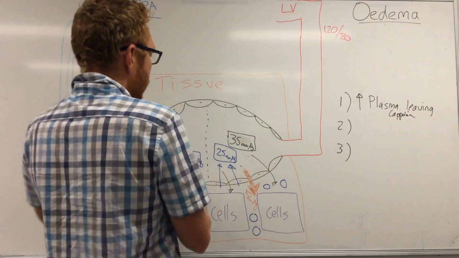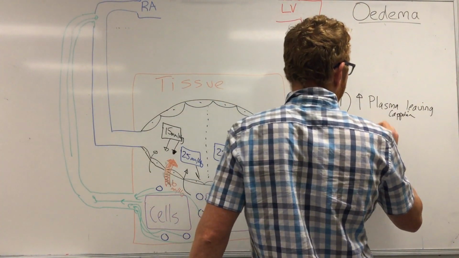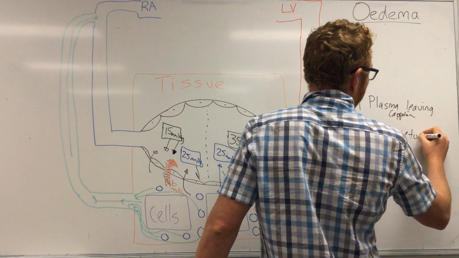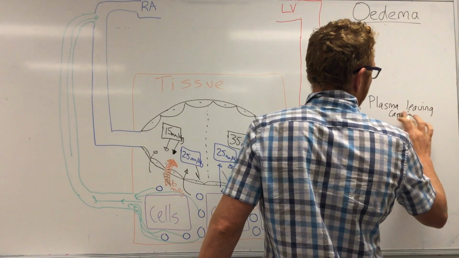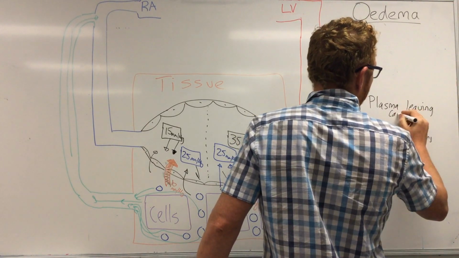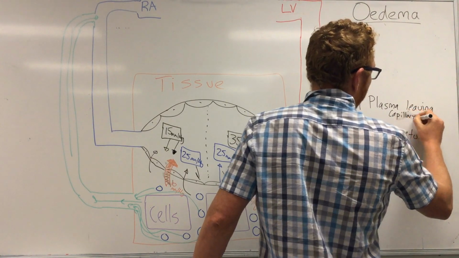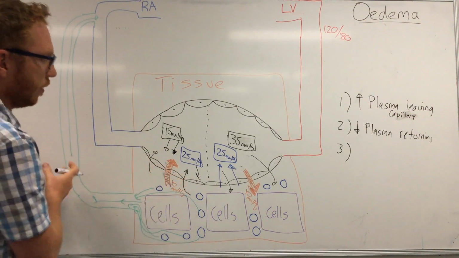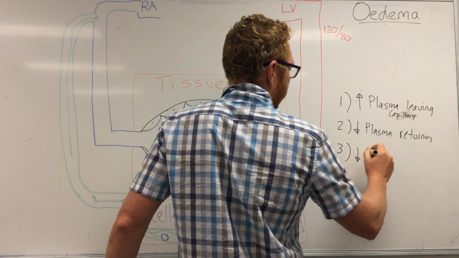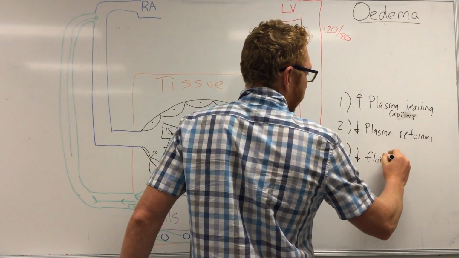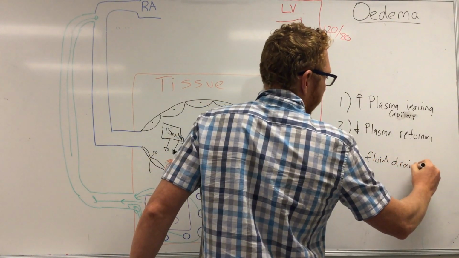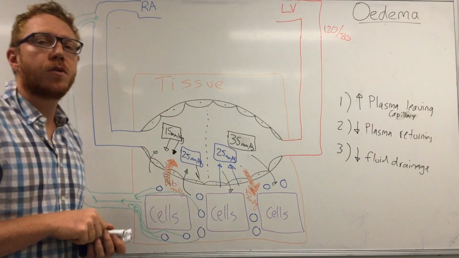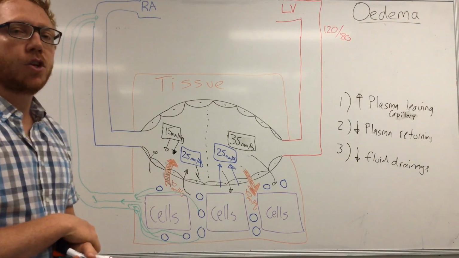Or not enough fluid coming back in, decreased plasma returning. And then finally a decrease in the drainage. Decreased fluid drainage. So they're really the three main mechanisms of what causes edema to occur.